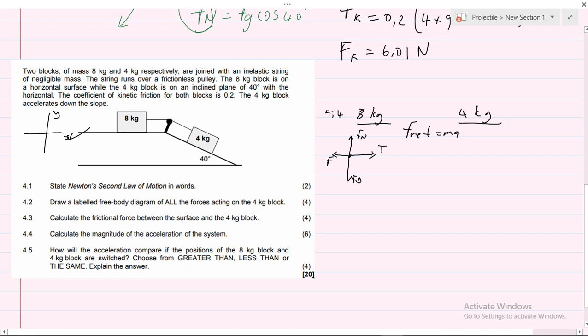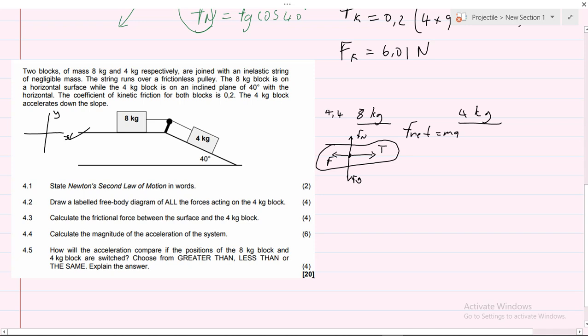Which forces can take the object to the left or to the right? It's the tension and the friction. Okay, let me round it nicely. It's the tension and the friction. So now we see that the motion is only influenced by tension and friction.